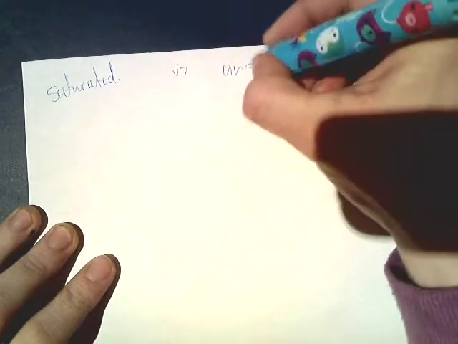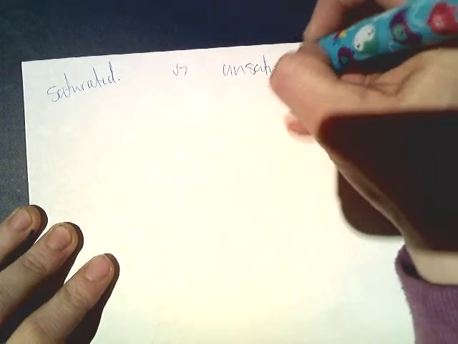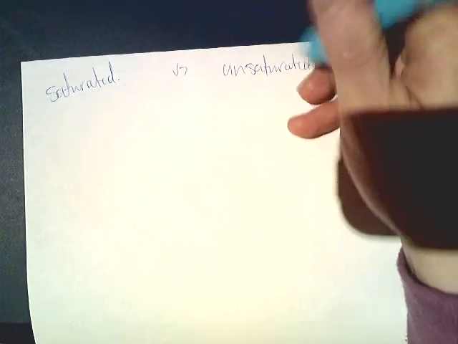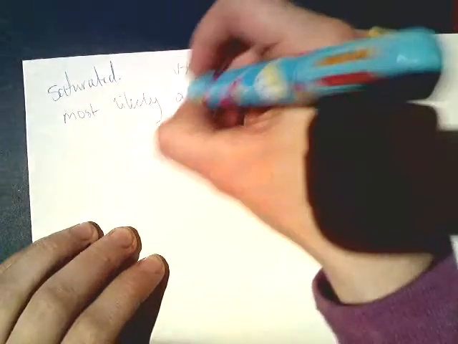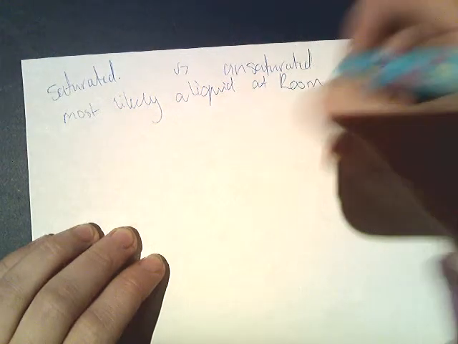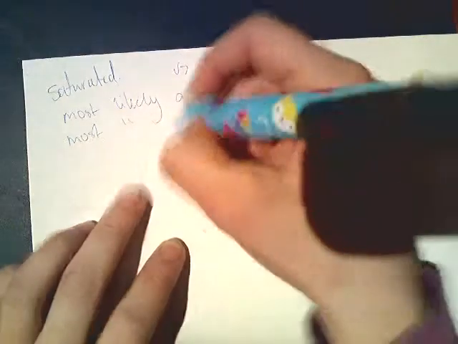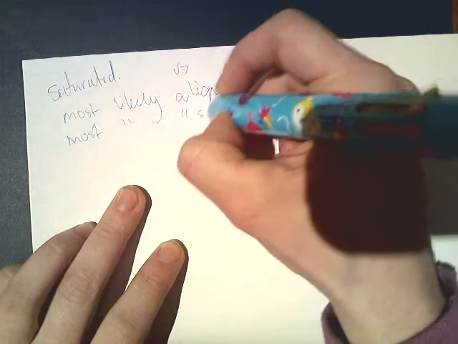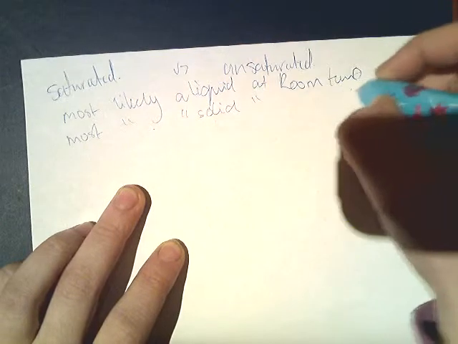You may want to ask yourself which one is most likely a liquid at room temp, and which one's most likely a solid at room temp. You may want to pause it and ask yourself that, but not only that, ask yourself why.